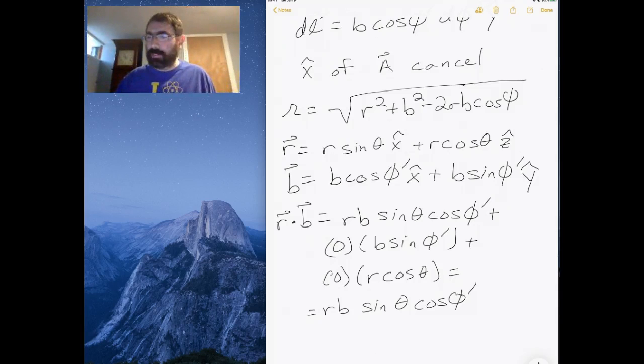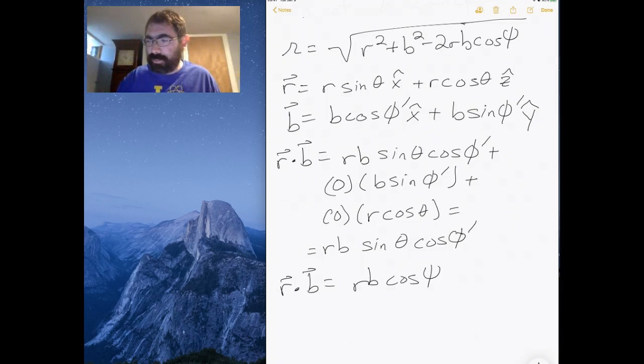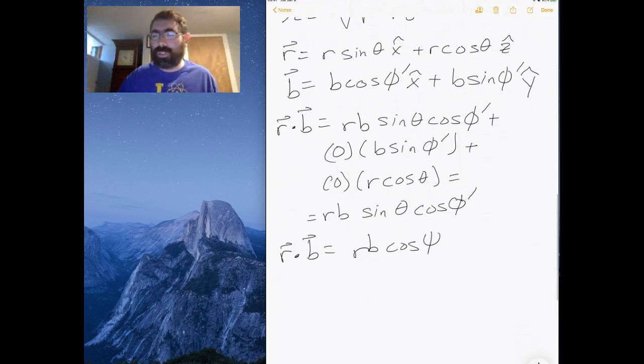Now we may need later another way I could write this r dot b. I could write it using the psi angle, which is just rb cosine psi, which is essentially relating the psi and the phi. So that way I don't have to use psi anymore.